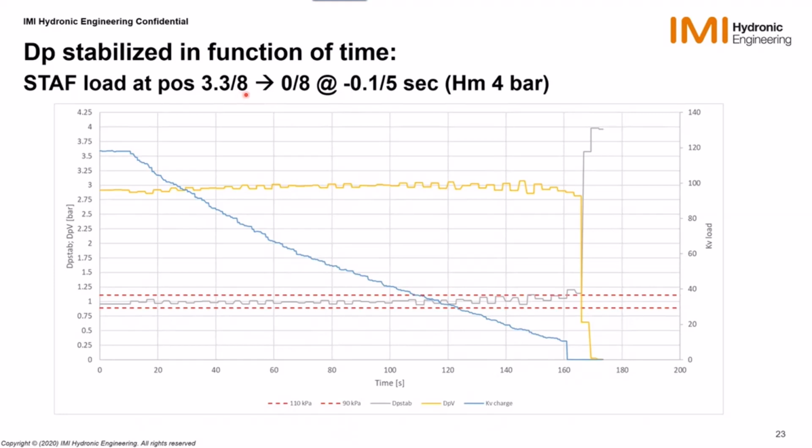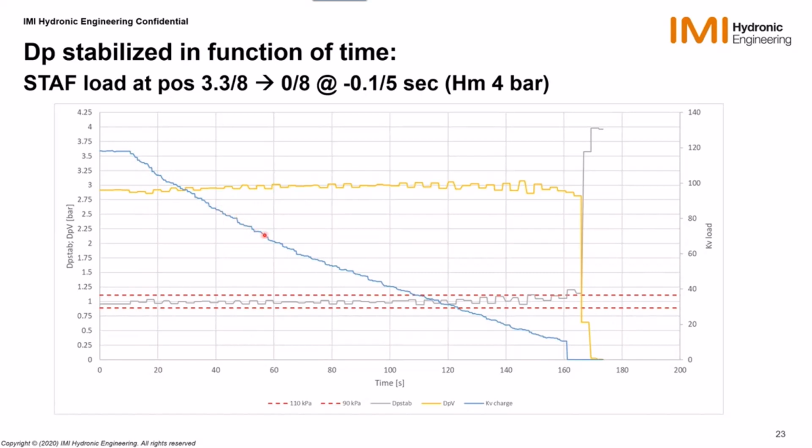Then the operation here was to decrease the setting by 0.1 turns of the STF every 5 seconds, from 3.3, so 33 positions down. We have simply here, as you can see, the KV of the STF starting there, and we have started to decrease the setting of the STF.